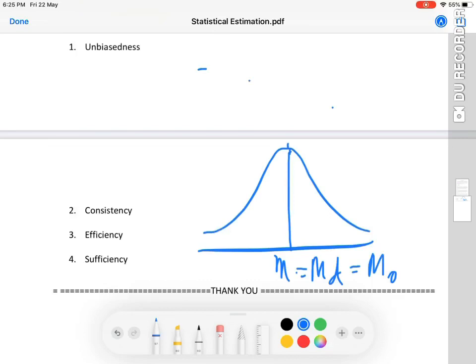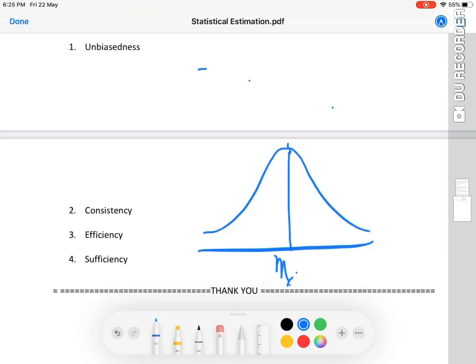Then we have to check the variability. If the variability is more with the mean, then it might not be efficient. If the variability is less with the median as the estimator, then we might consider the median. Most of the time we consider the mean a good estimator. It is efficient because variability is less when we calculate it with the help of the mean values.